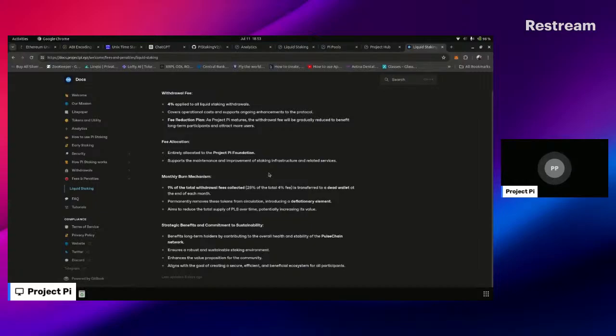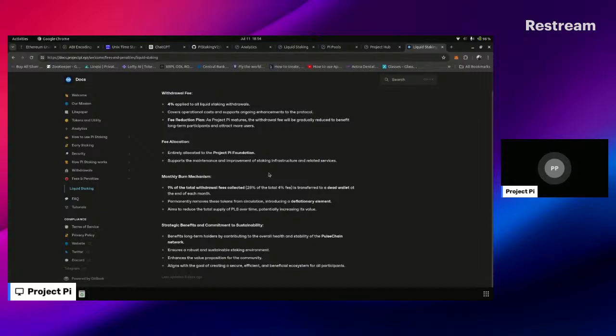Again, these are just some ideas that my CEO and I have discussed and talked about, but I think that this would be very good for the community in the long run, as well as the protocol in itself. Ultimately, it aligns with the goal of creating a secure, efficient, and beneficial ecosystem for all of the participants.